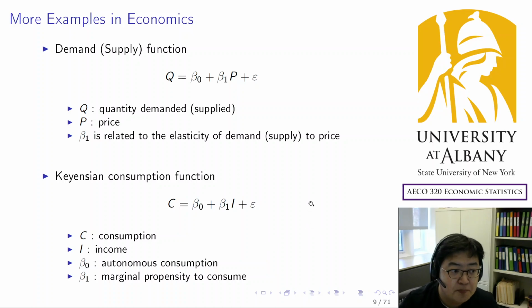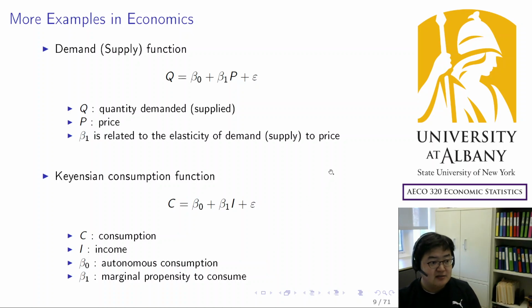However, as I said, in practice, you never know what the elasticity is, what the marginal propensity to consume is. So theory has been developed like 50 years ago, but still new research is coming on the estimates of beta 1, elasticity for different markets, for different products, and the marginal propensity to consume depending on the situation.